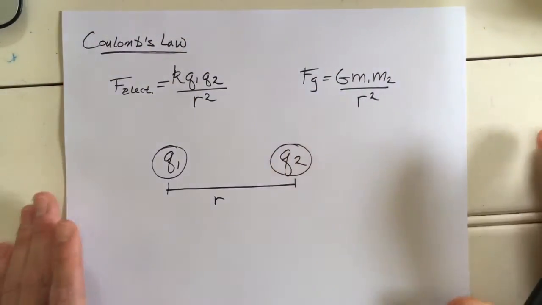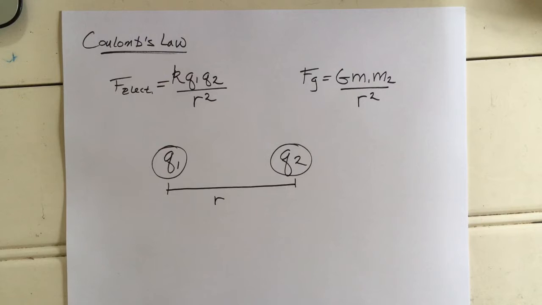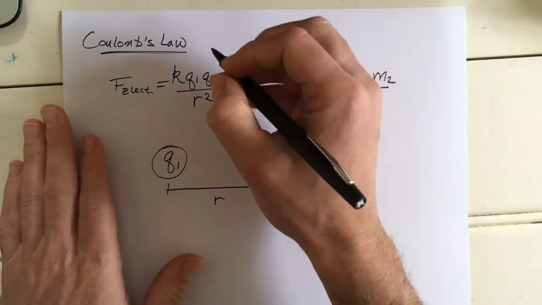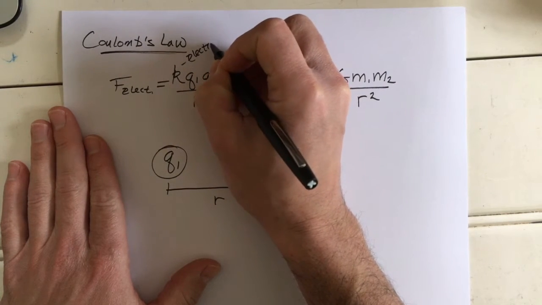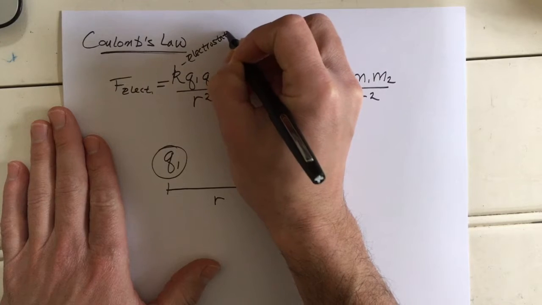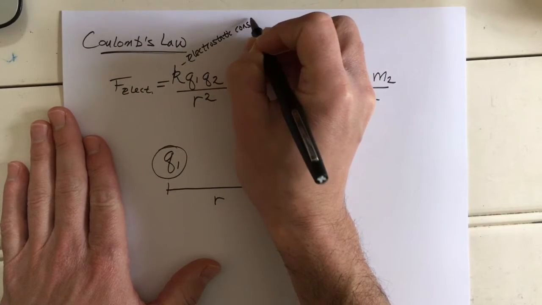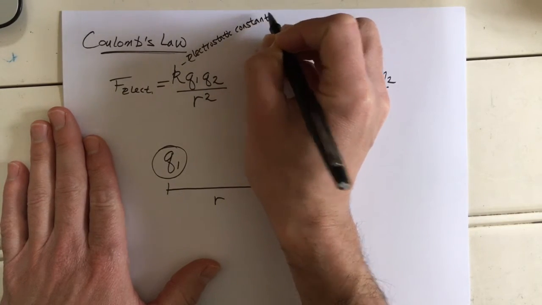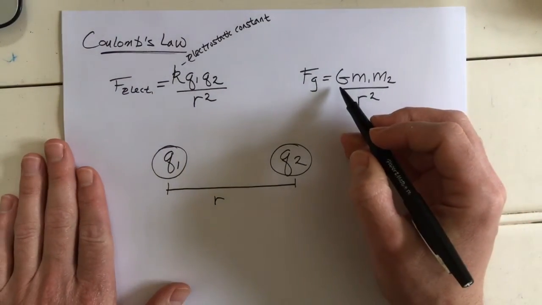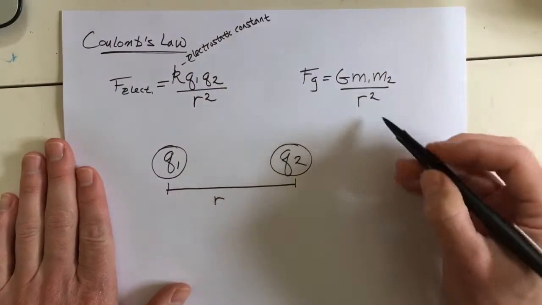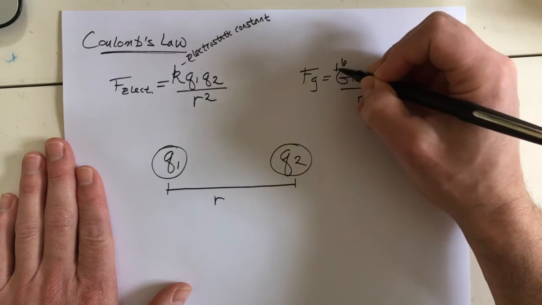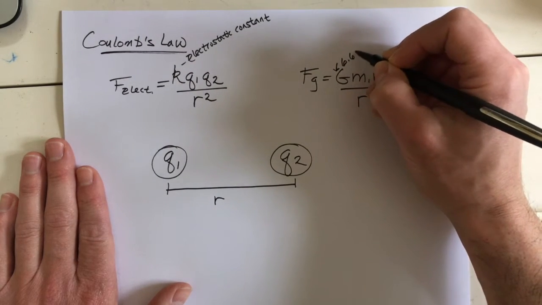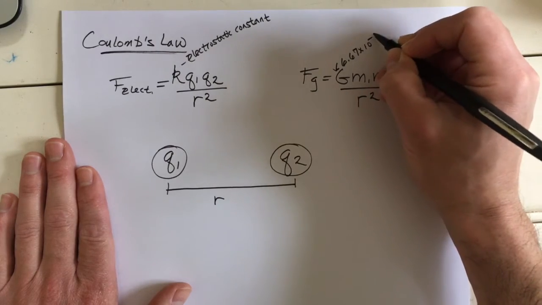We're going to use lowercase q's here, although we did say that sometimes charge can be expressed as an uppercase Q. So this is going to be the electrostatic constant. And if you remember, the universal gravitational constant was a very small number, 6.67 times 10 to the negative 11th.